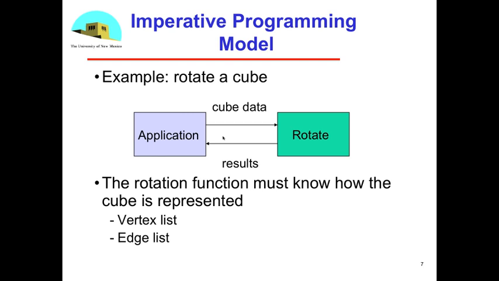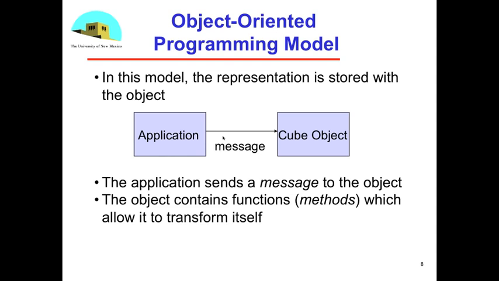In object-oriented programming, we'd have a very different way of doing things. We would have a cube object, and we would send messages. That's the standard wording, I guess. We would send a message to that object telling it what we wanted to do. So we would send a message to the cube saying, I want you to rotate yourself.